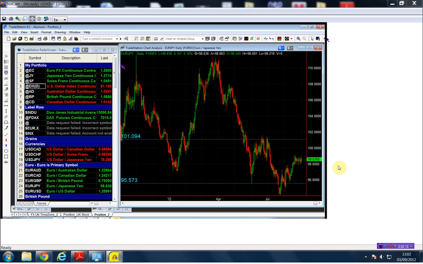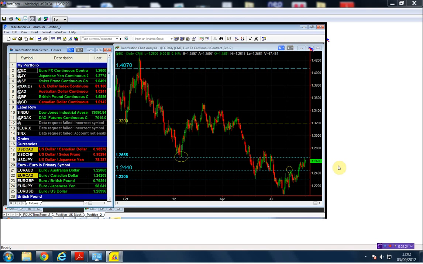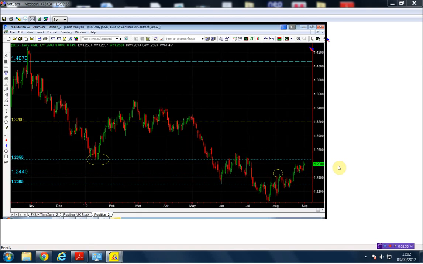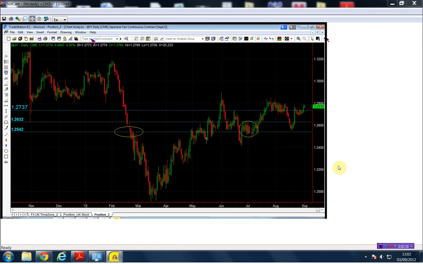It is made out of the basket of the euro, and that is the chart for the euro by itself as a standalone. And it is also made out of the yen, which is the basket of the yen by itself. And I'm gonna do this just once, just so I can record it.